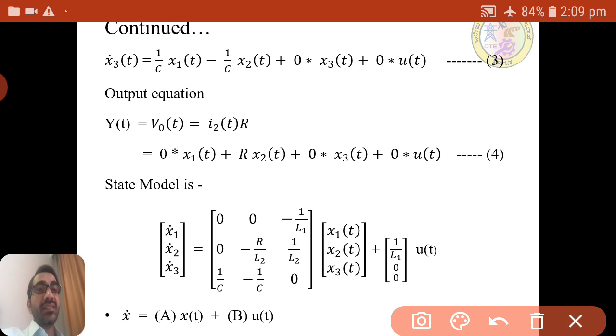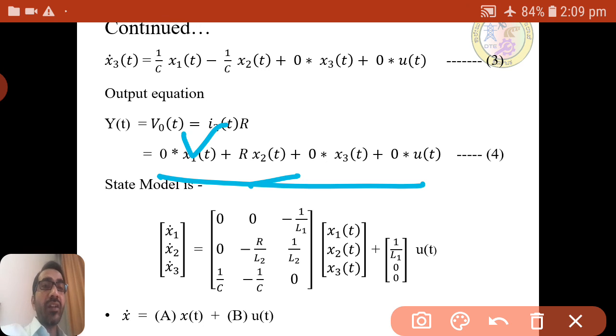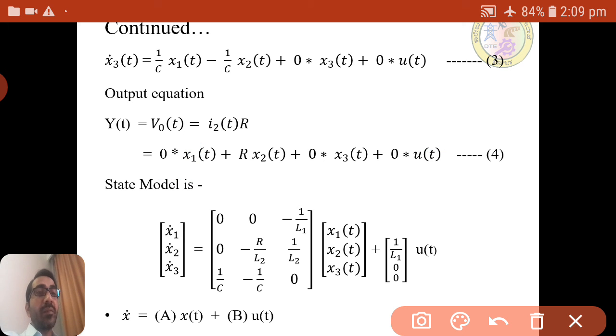Now we have considered 3 state variables x1, x2, x3. The remaining is the output equation: y of t is equal to v naught of t, which is I2 of t into R. If you consider that format, x1 is 0, x2 is I2 of t, and the third is 0. So this output equation will be considered as equation 4.